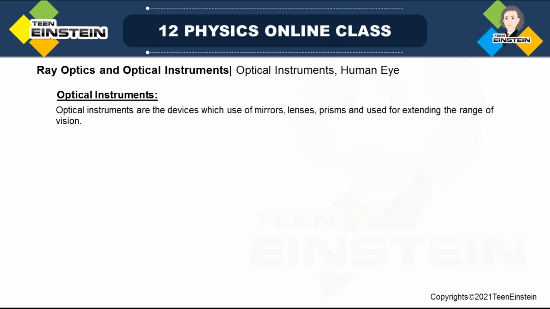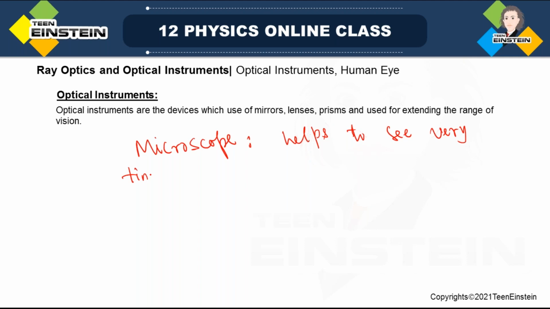Okay, if I give you some examples of optical instruments, like a microscope, what it does is it helps to see very tiny objects clearly.